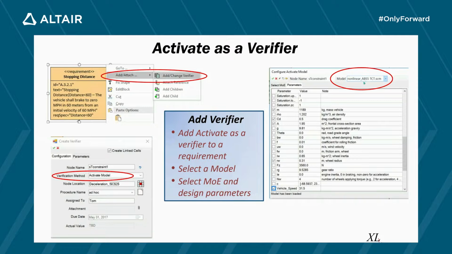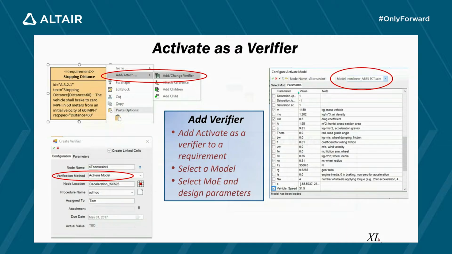I select the model that I want to use. It tells me what MOEs are available, measures of effectiveness, which we want to match up against the requirement. And it also tells me what design parameters are available. So I merely select the MOE that I'm going to use, and I select the associated design parameters.